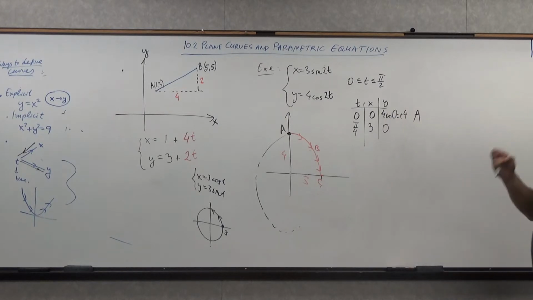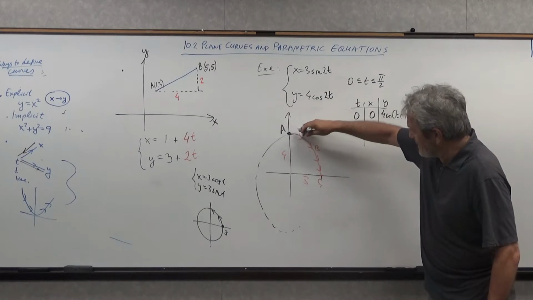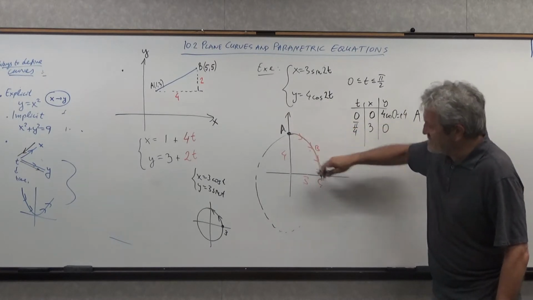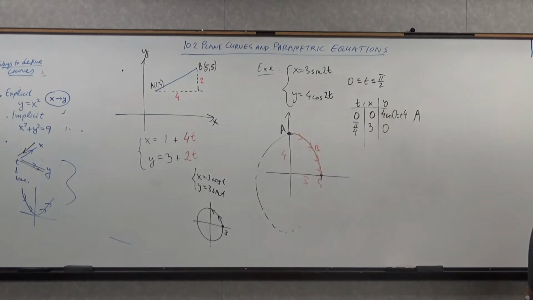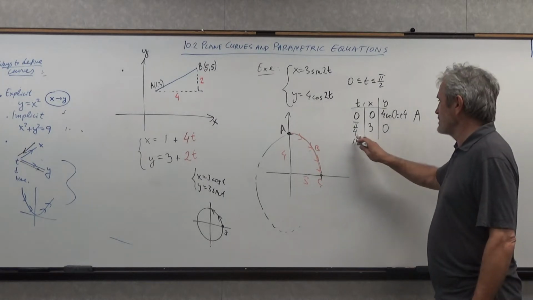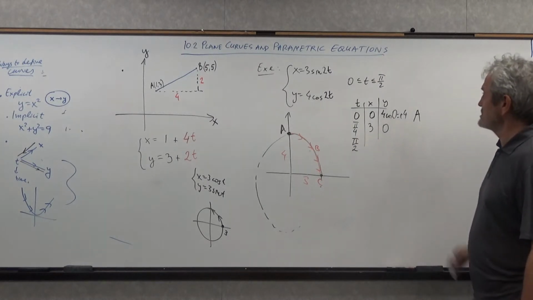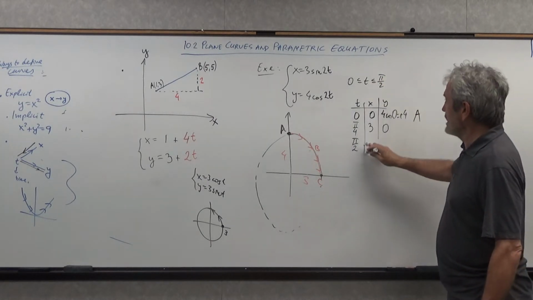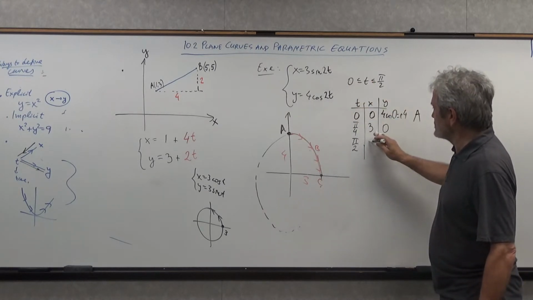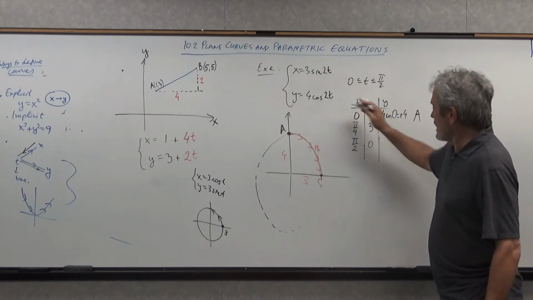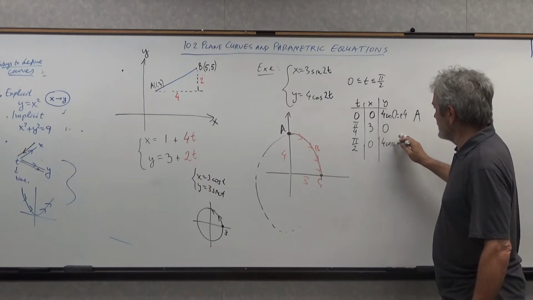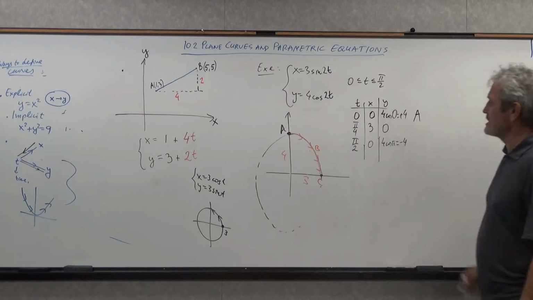So at pi over 4, we are here at 3, 0. So generally it's the same spot as before, but we just arrived there twice as fast. And then when we get to pi over 2, which is the end of the story, then x will be 3 sine pi, which is 0, and y will be 4 cosine pi. That's where I started the story, which is minus 4.